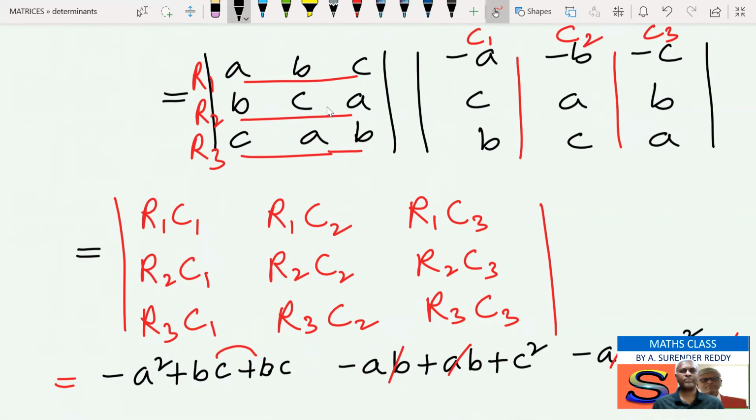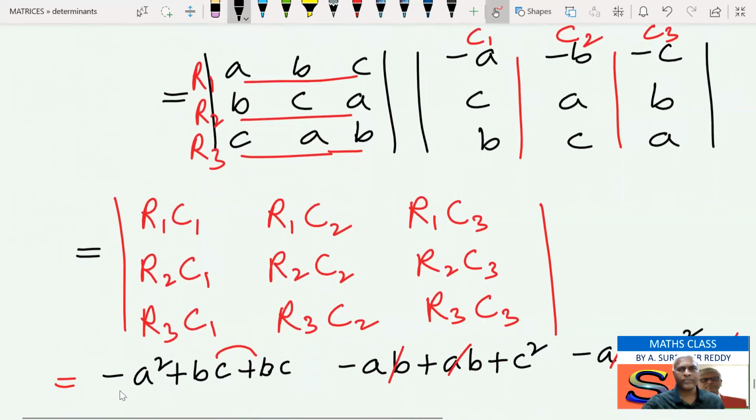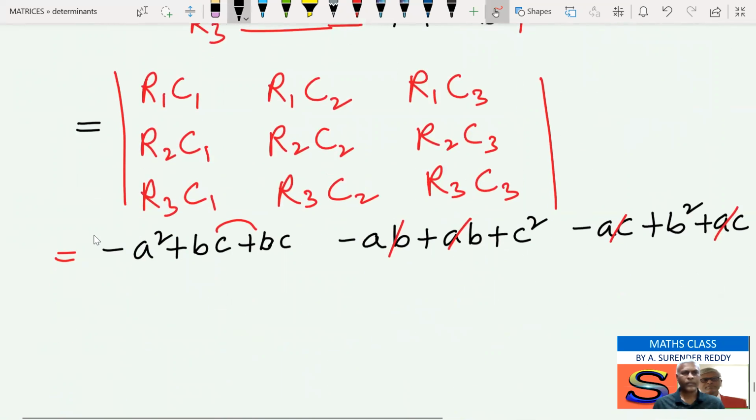Minus AB plus C square plus AB. AB will get cancelled, you will get C square.